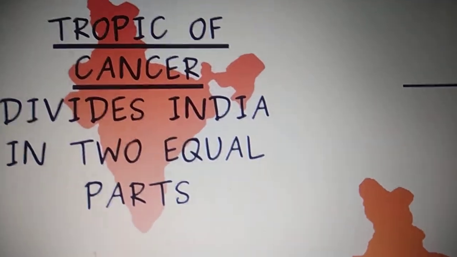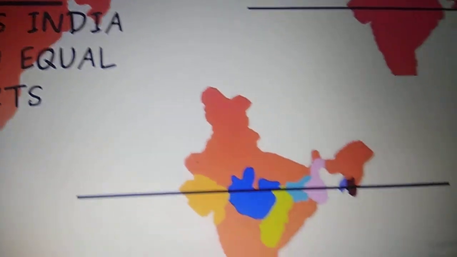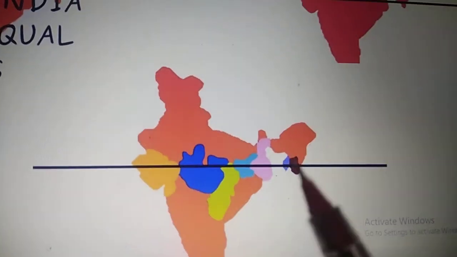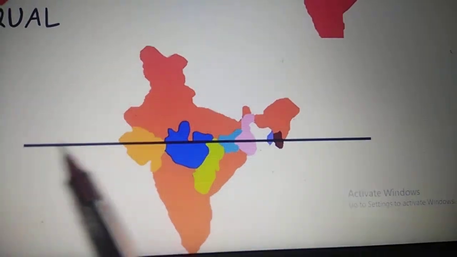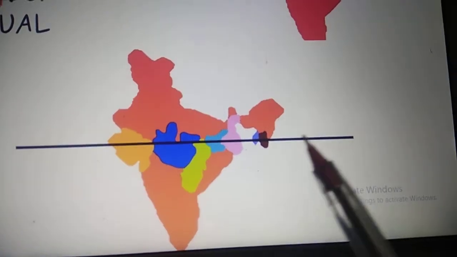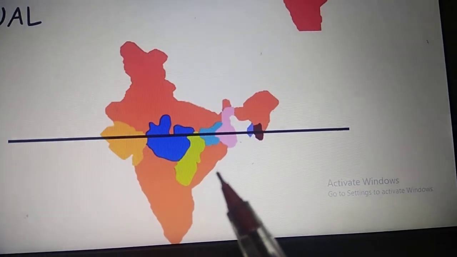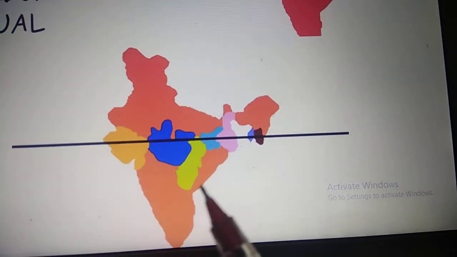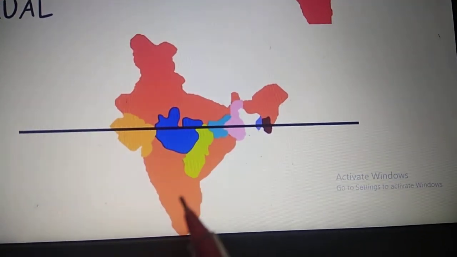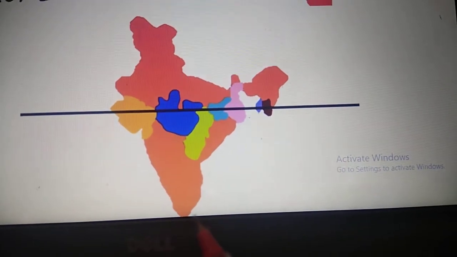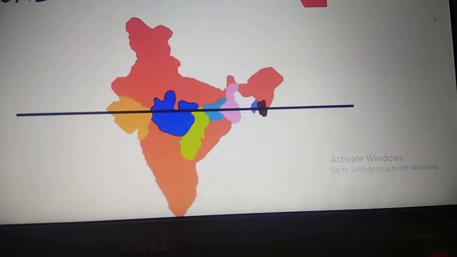Children, as I told you earlier, the Tropic of Cancer divides India into two equal halves. Here you can see the Tropic of Cancer, at 23.5 degrees north, dividing India into two equal halves. As we move downwards below the Tropic of Cancer towards the south, you can see India is slowly narrowing and tapering towards the Indian Ocean.